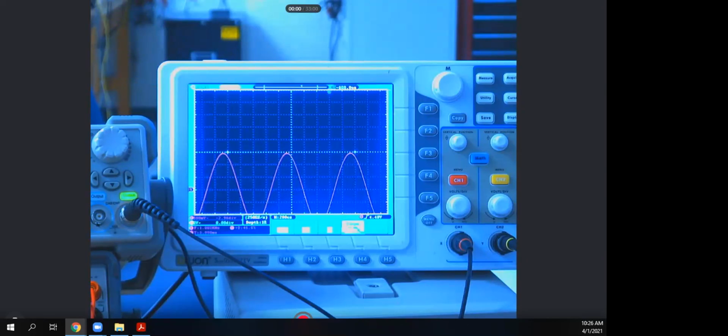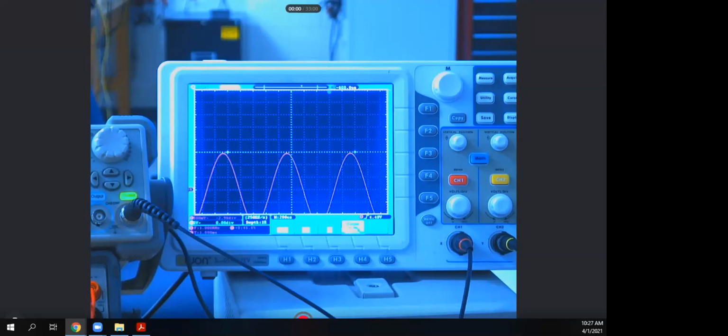Well, what do you want? Find out everything. The 200 millivolts, right? No, five. We want to do that. 2 milliseconds.